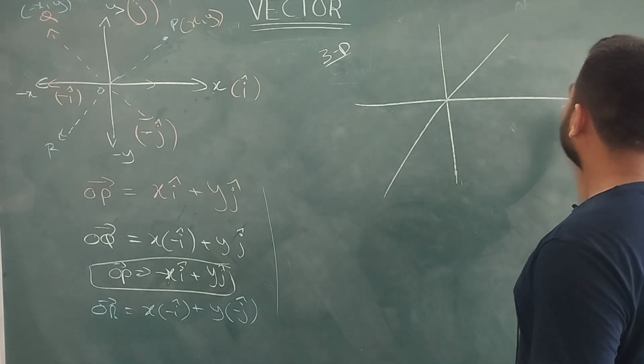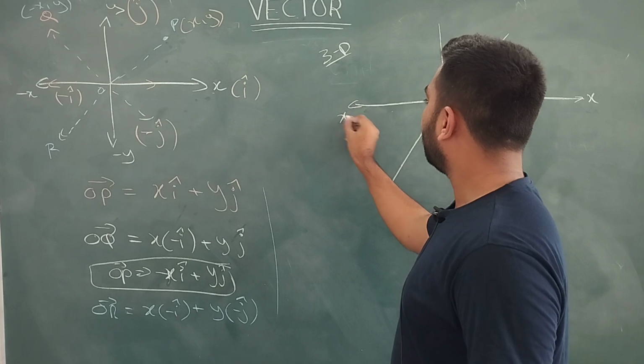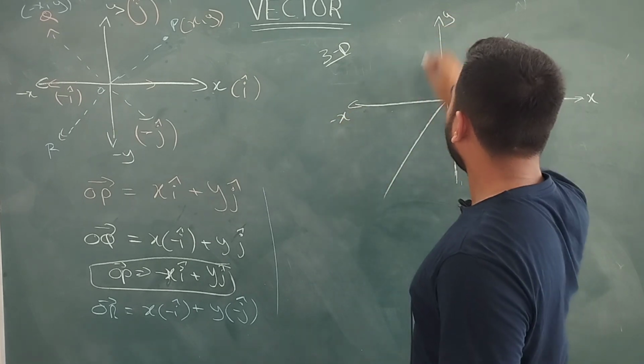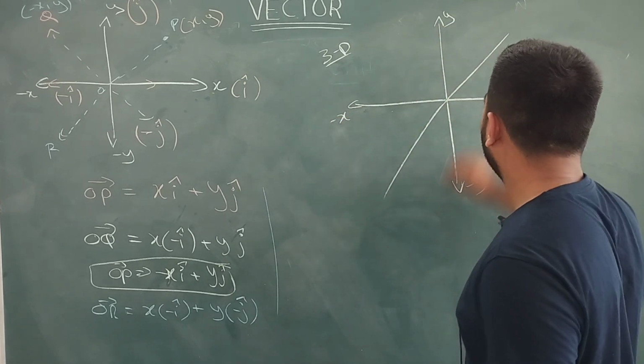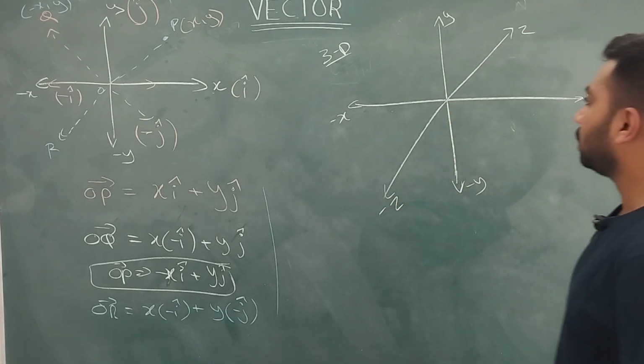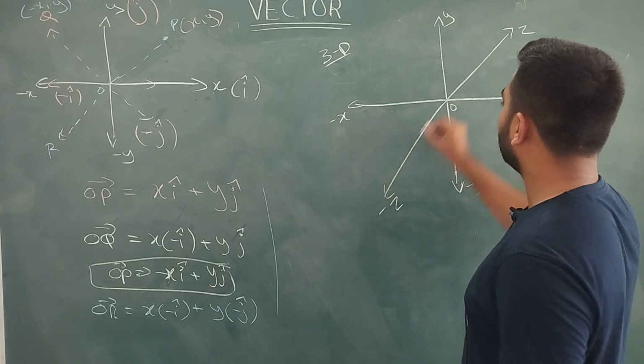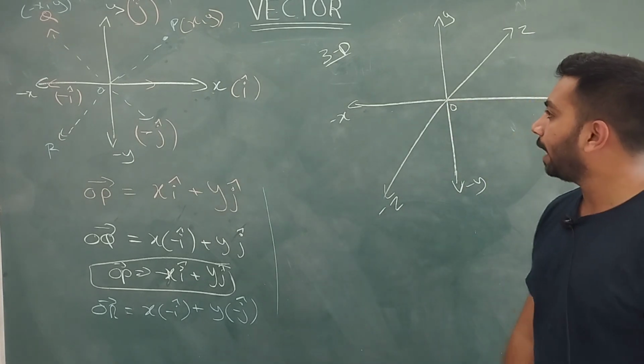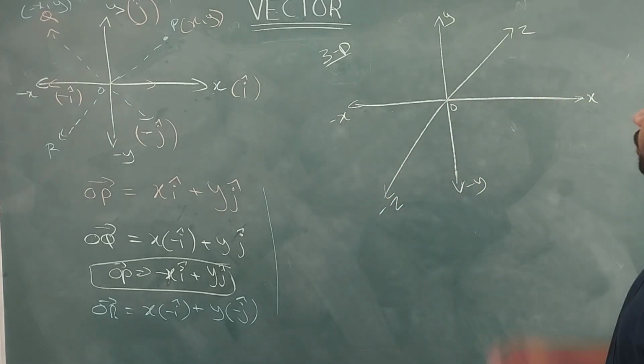X, minus X, Y, minus Y, Z, minus Z. Okay, 2D over. Now 3D.